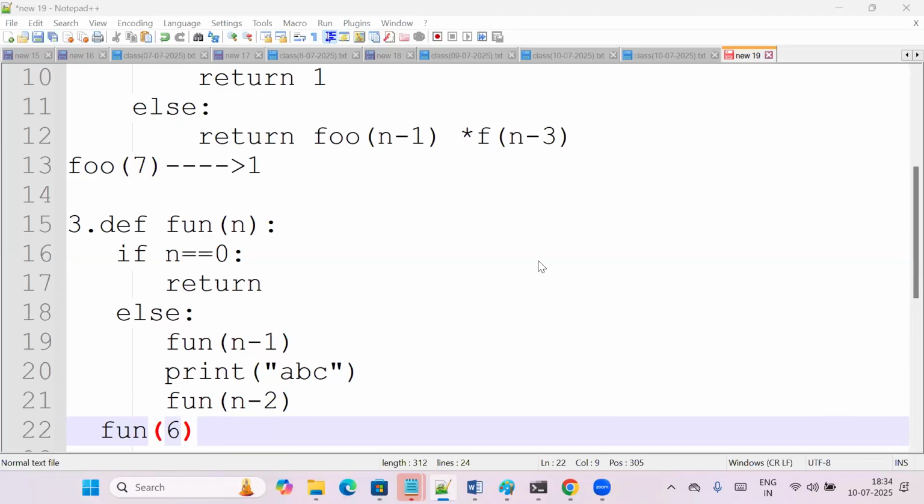ABC will print 8 times, 5 times, 6 times, 20 times? How many times, guys?